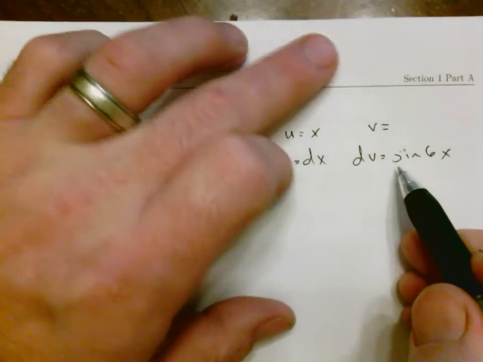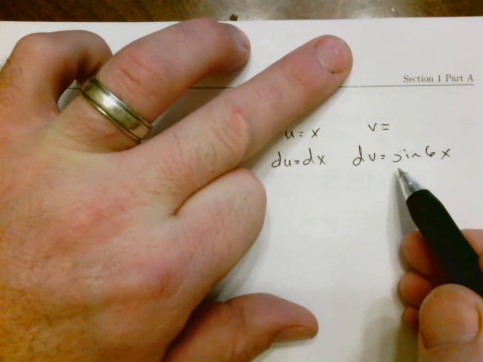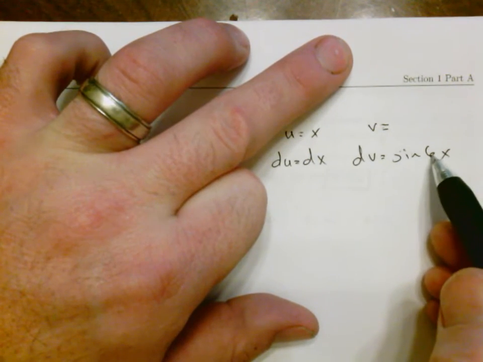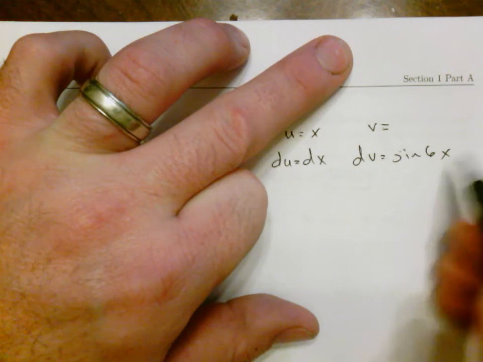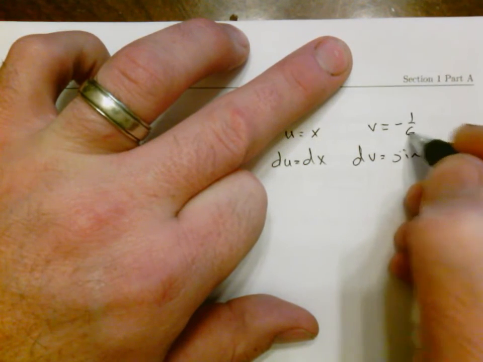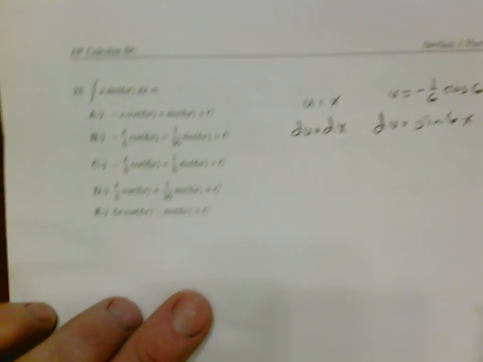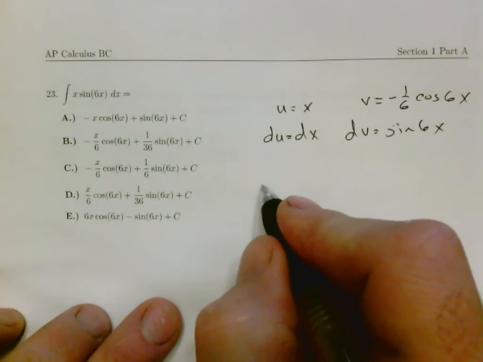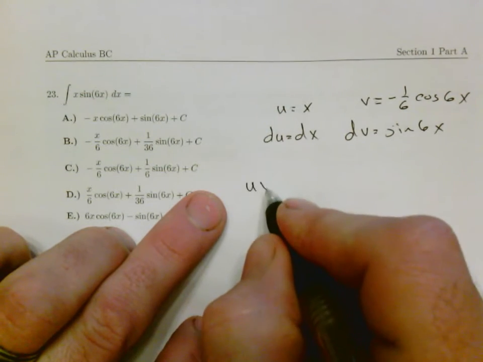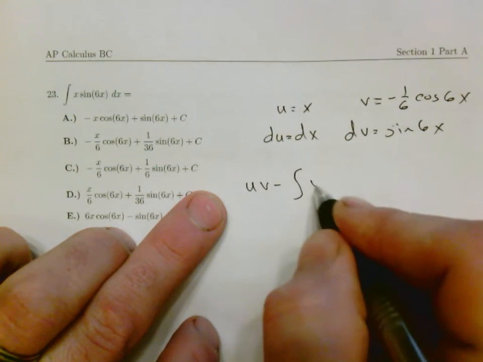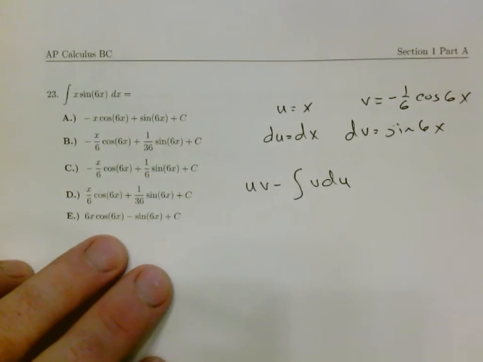so I have to integrate sine. Integrating sine, you get negative cosine, but then you also have to divide through by the derivative of 6x. So this is negative 1/6 cosine of 6x. Then plug it into the formula, which is given by uv minus the integral of v du.